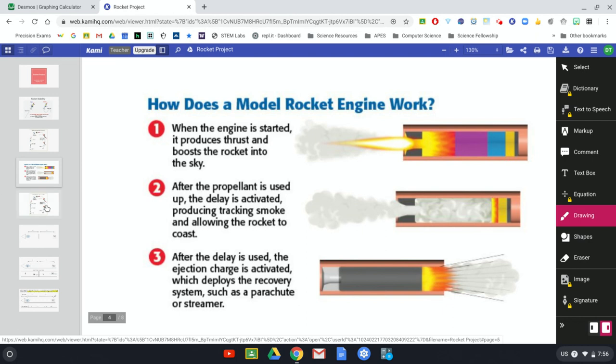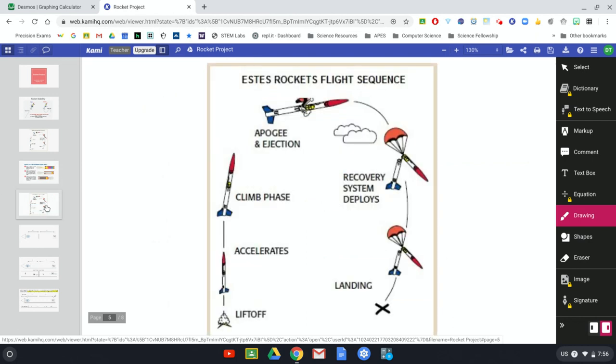Now, if we go back to our flight sequence, that ejection should be happening when the rocket is at apogee. It's beneficial when that deployment occurs for the rocket to naturally be separating where the upper and lower stages connect.